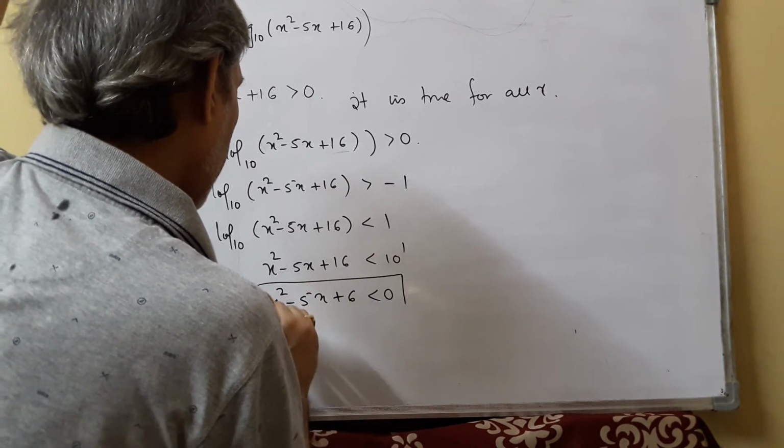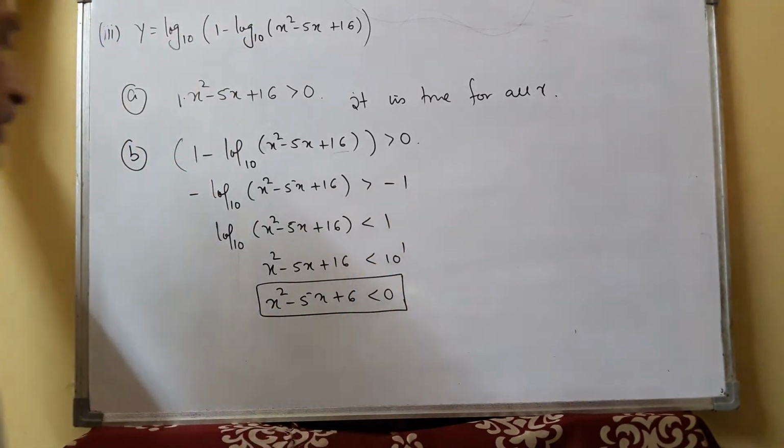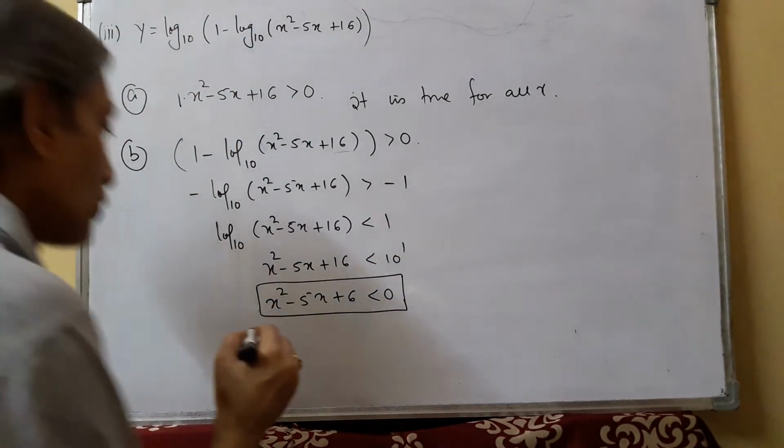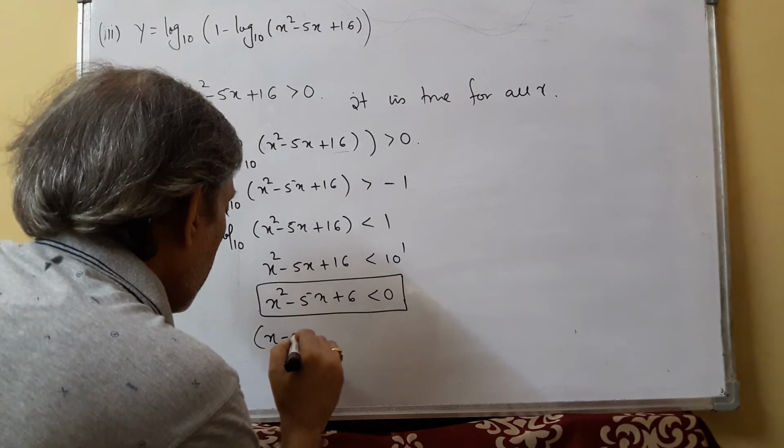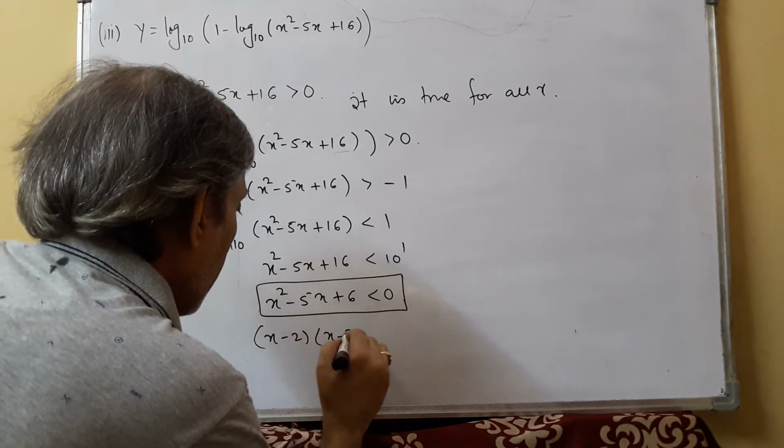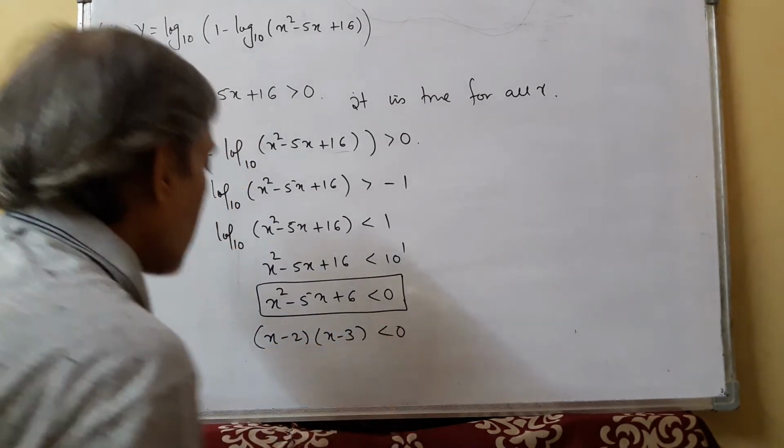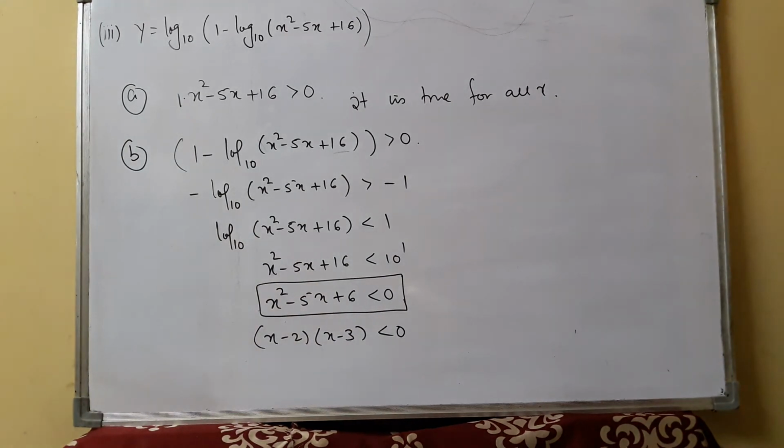So now we need to find out where this expression is less than 0. So break it. We are getting two values where it is 0, 2 and 3.